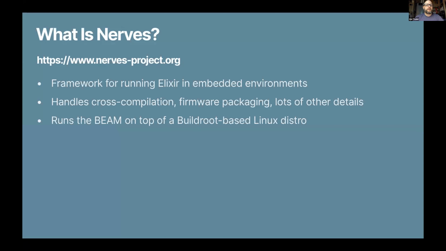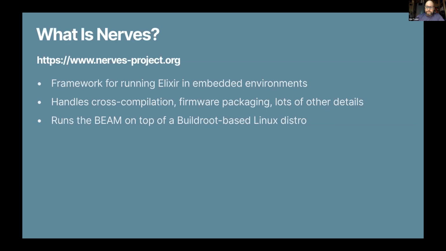And it's all run by essentially implementing the BEAM on top of a really small Linux distro. It's based on a tool called Buildroot, which, if anyone here has done any embedded work, is sort of a grounds. It's a very foundational framework that a lot of embedded systems and embedded applications use to target Linux at various embedded devices.